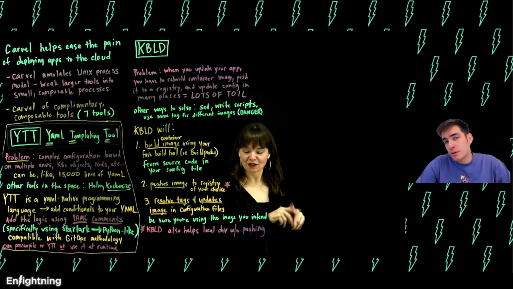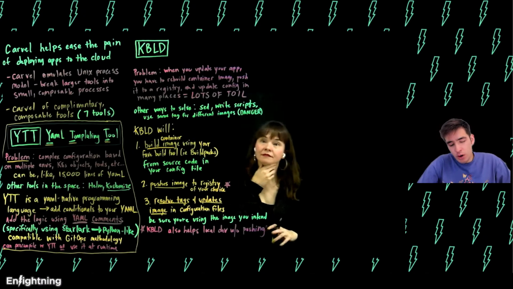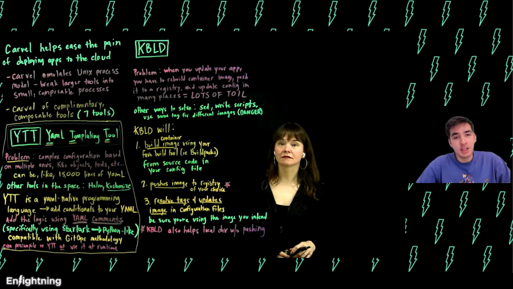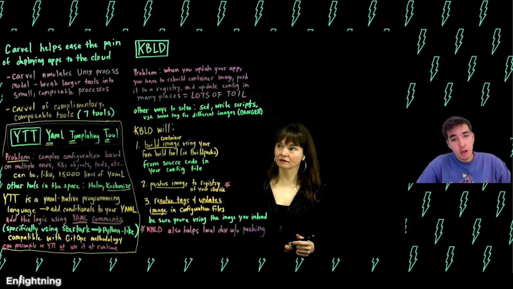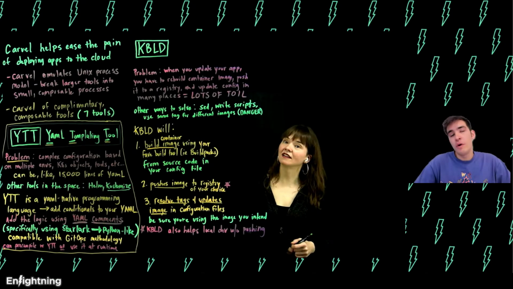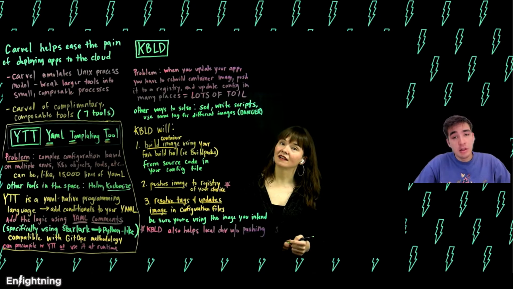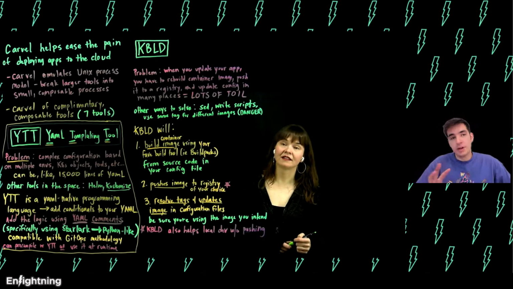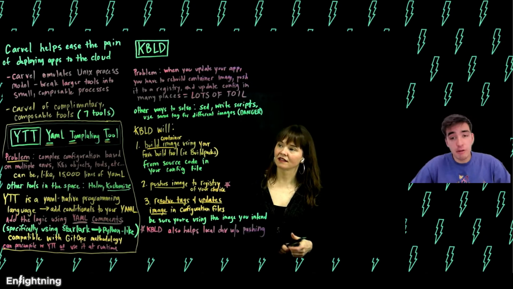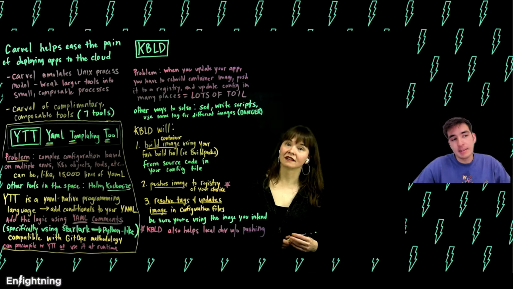Okay. So before we move on from K-Build, I just want to point out that when you are building your app is not the only time that you have container image problems. You have container image problems when you are consuming other people's containers, and when you are moving them around from one place to another. Say you're using a vendor's piece of software, like you want to install Kubernetes, but you want to do that in your air-gapped network.